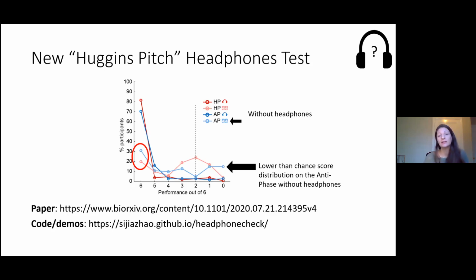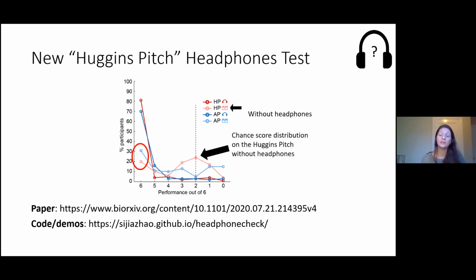And so you can actually see this distribution of scores that's lower than chance, which is 2 out of 6 here. Whereas with the Huggins pitch, if you're listening over speakers, you just don't hear the tone. So you're just going to be guessing on each trial, and this is why you get a distribution around chance.